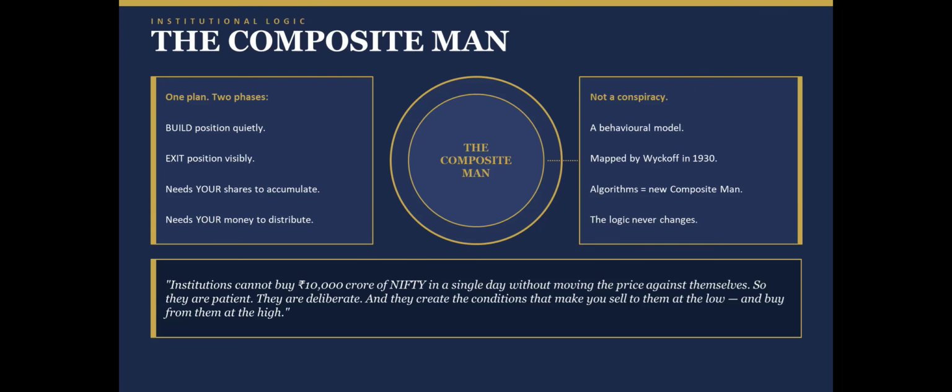So if a weaker institute is accumulating and a stronger institute is distributing and they have distributed enough, what will happen? They will sell short and make the prices fall strongly. But if the stronger institute is trying to accumulate, what will happen? They will not let the prices fall.